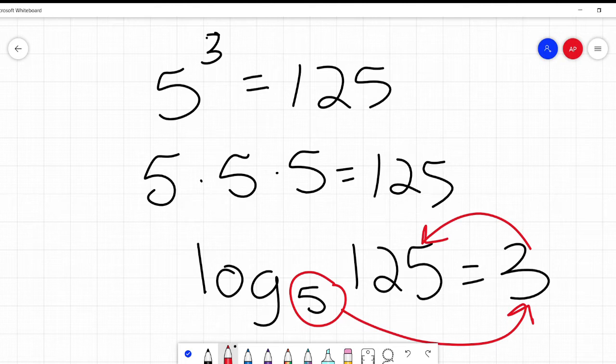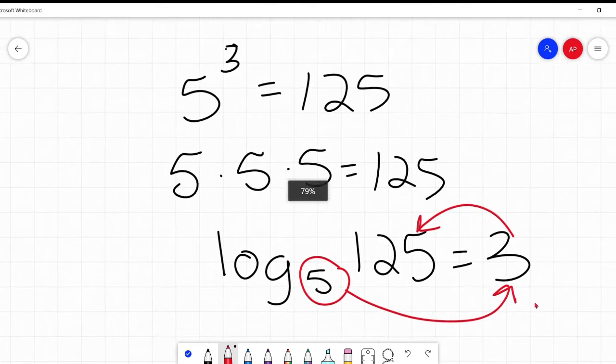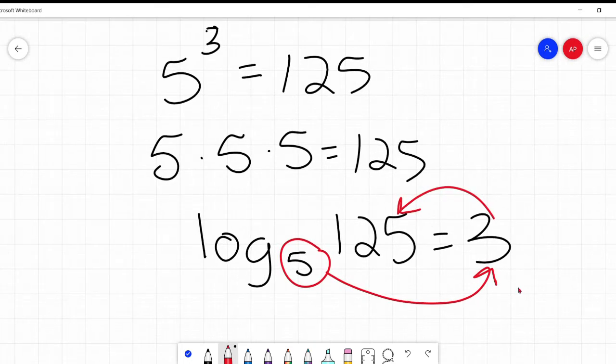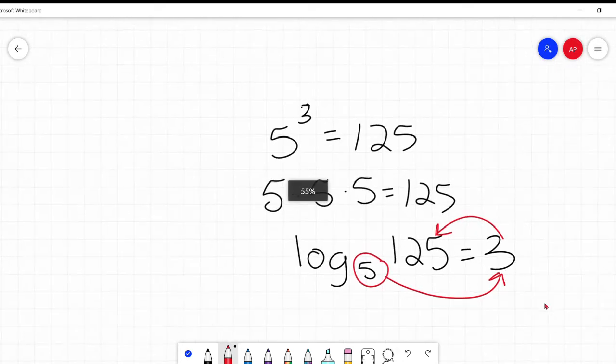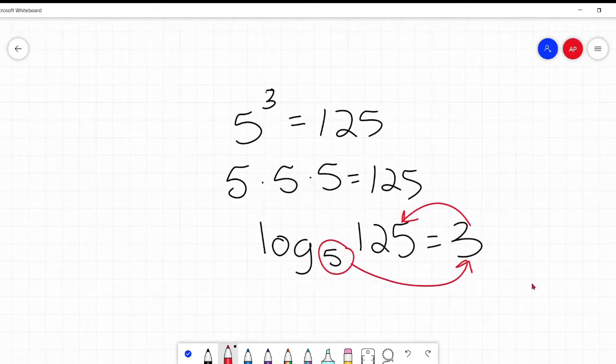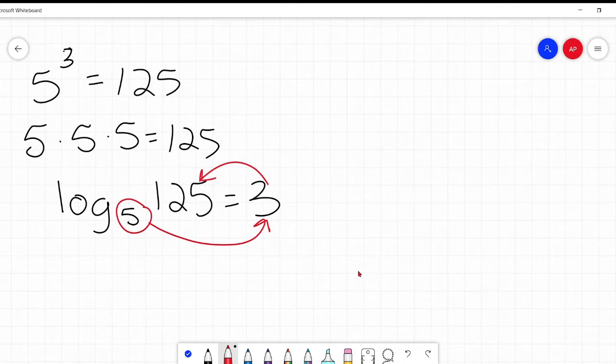Now, I'm not going to get into the why we would want to do this in this lesson. I'm more concerned with just making sure you can do these and do them correctly. And that's going to be our focus today. Log base 5 of 125 is 3. So that's with real numbers.